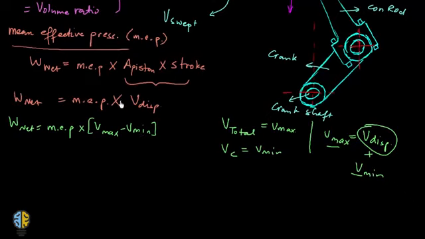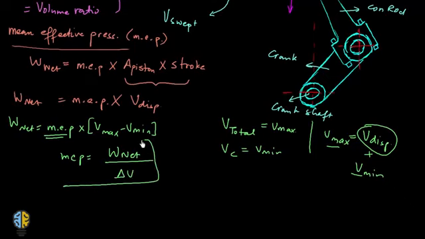Alright, so if you have to find out the value of the mean effective pressure, then MEP is equal to the net work output divided by the change in volume or the swept volume, that is Vmax minus V minimum. So this is net work done upon the displacement volume. So this would be in kilopascals.